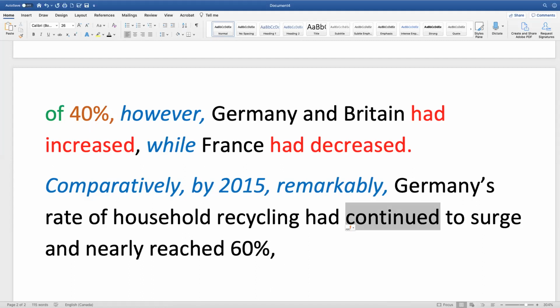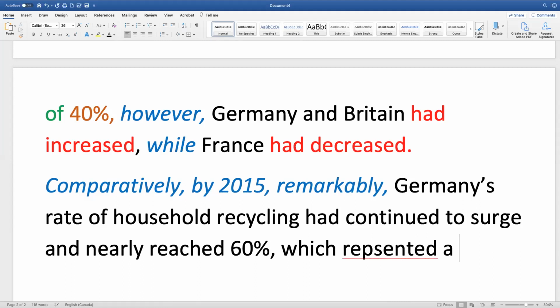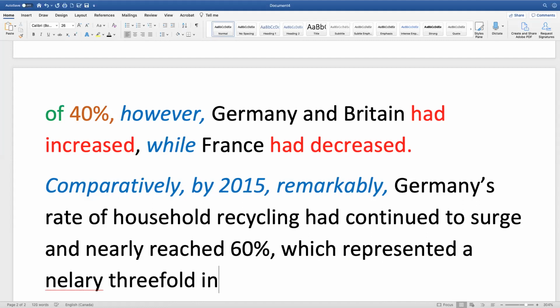Which represented a nearly 3-fold increment from 2005.